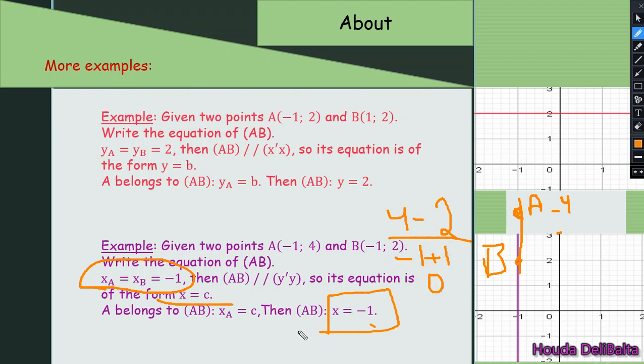And it's impossible for fractions to have a 0 denominator, so we may face troubles using the rule of the slope here. So we have to think smartly in order to discover that they both have the same abscissa, that they are on a line parallel to the y-axis whose equation is x equals -1, the same abscissa as the 2 points. And we can use the help of the sketch to make things easier.